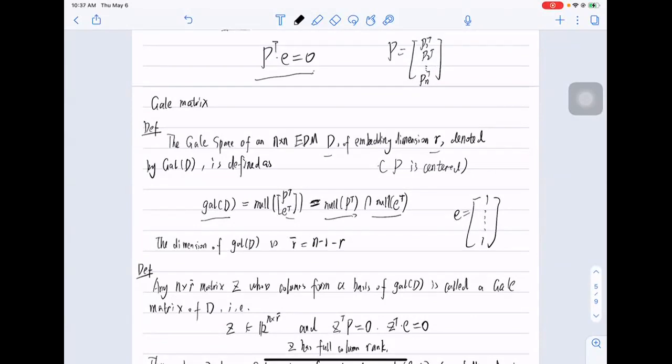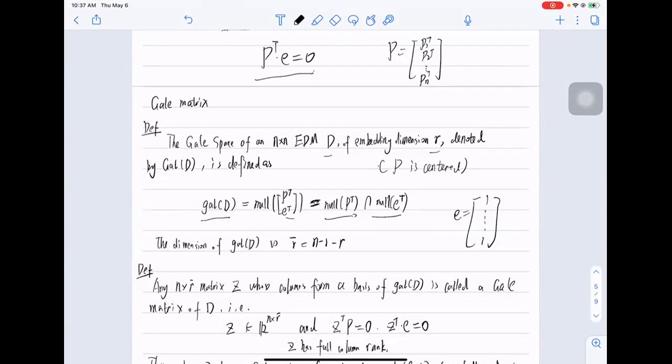So the null space of E transpose does not contain the null space of P transpose.